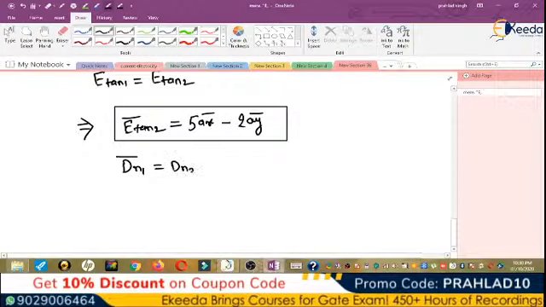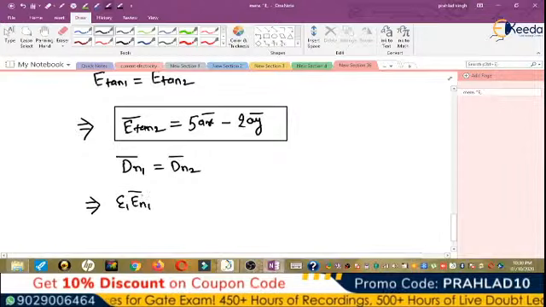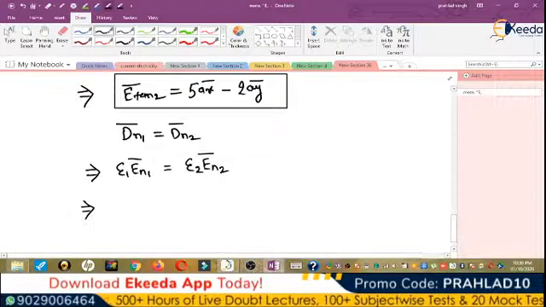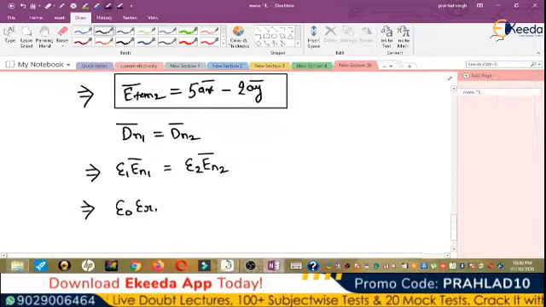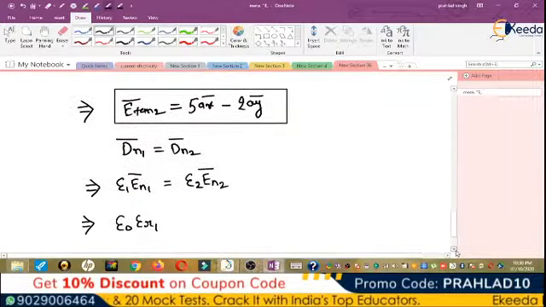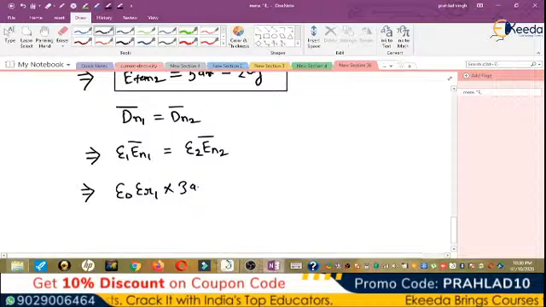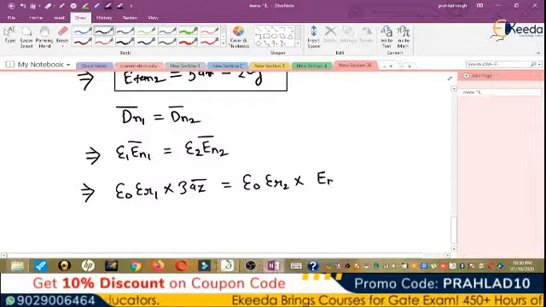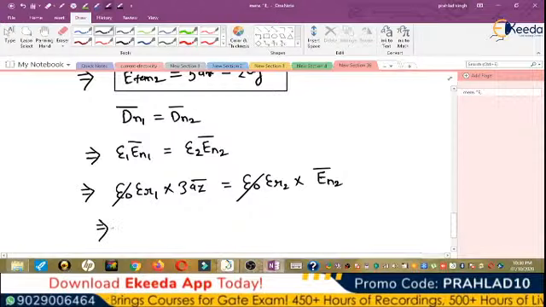And second is Dn1 equal to Dn2, which is epsilon 1 En1 equal to epsilon 2 En2. And En1, the normal component, is given as 3az, into En2. So what is epsilon r1?